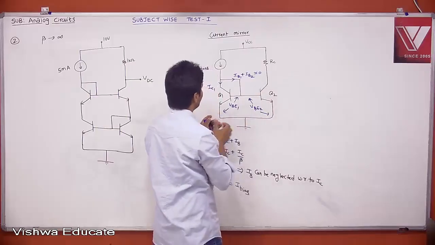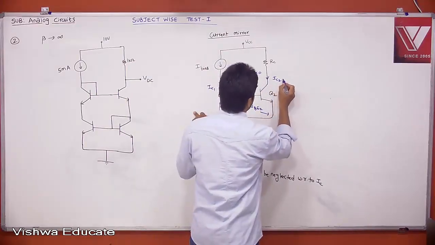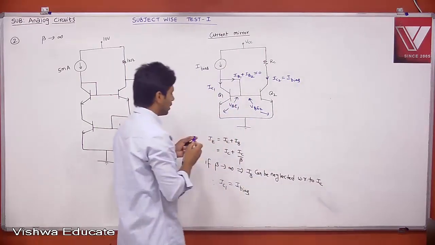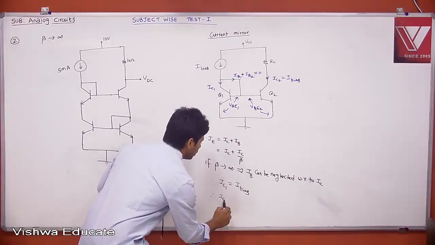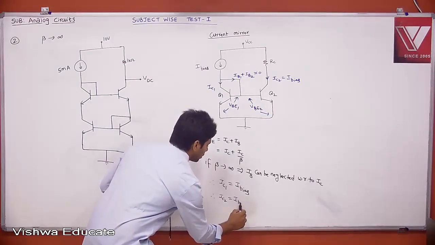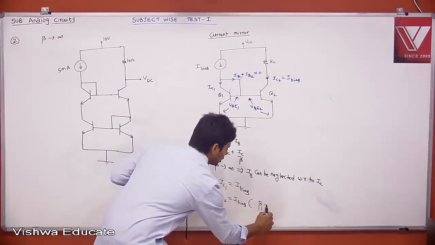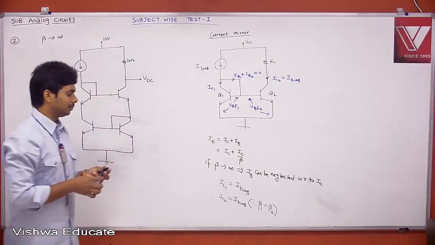Your IC2 will be equal to I bias only, provided beta 1 is equal to beta 2. Since beta 1 is equal to beta 2, both are identical.